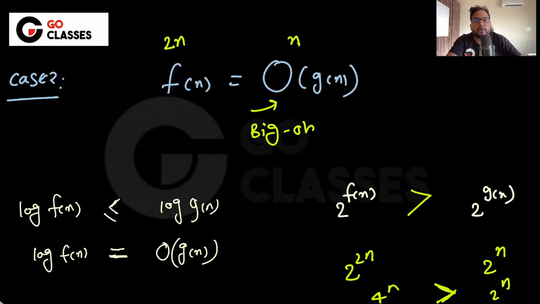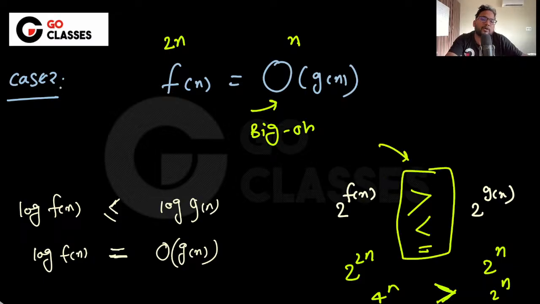After taking the power, it could be even greater. So basically in this case, after taking the power, we cannot say anything, whether it is greater, less or equal. Here we cannot comment anything.